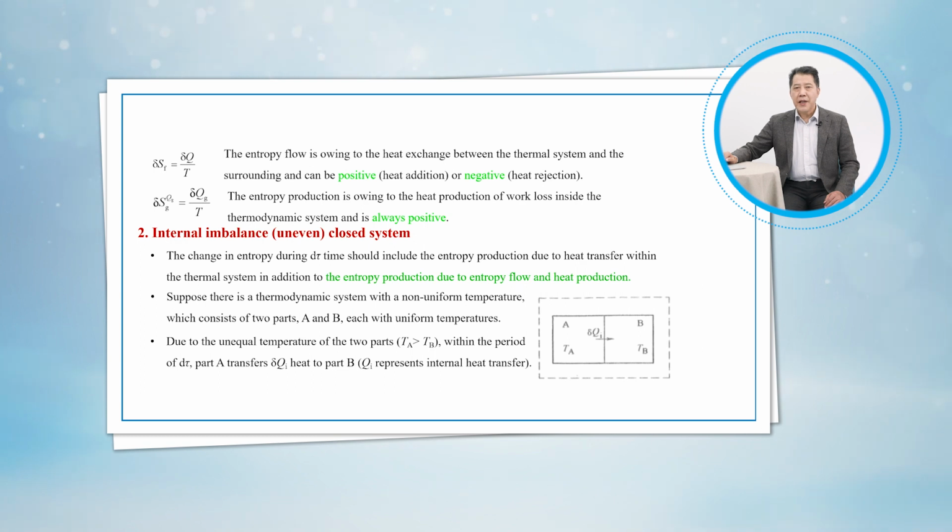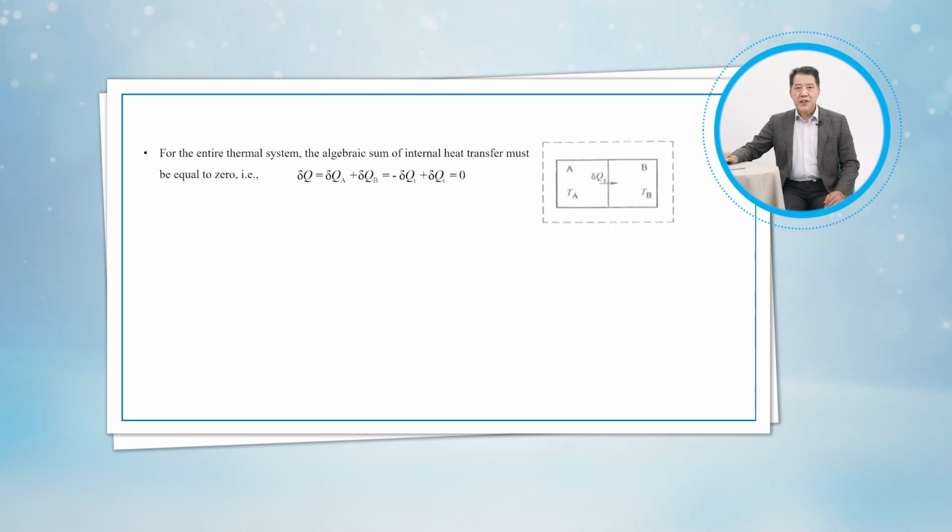Due to the unequal temperature of the two parts, within the time period, part A transfers heat to part B. For the entire thermal system, including the two parts A and B, the algebraic sum of internal heat transfer must be equal to 0.